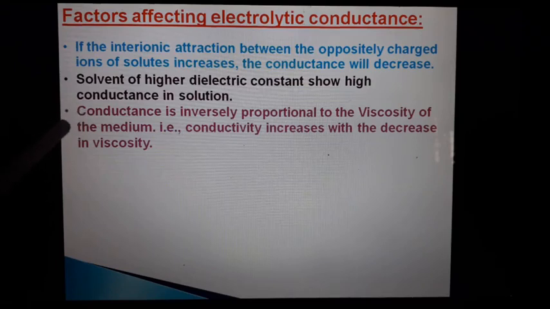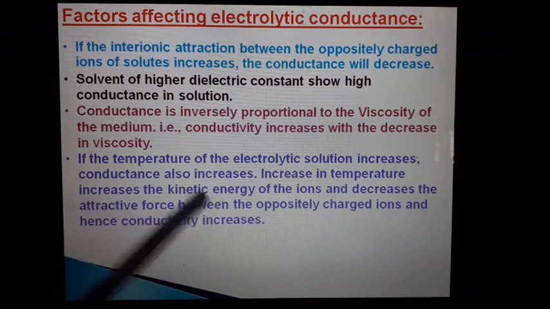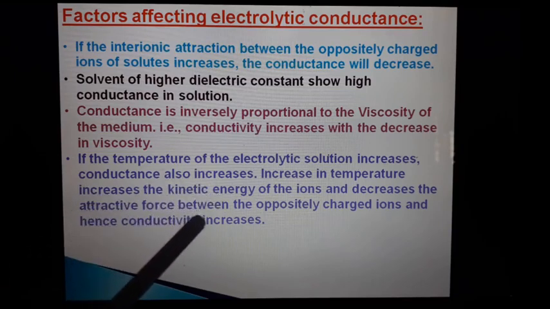Now, next, if the temperature of the electrolytic solution increases, the conductance also increases, because the movement of ions is fast. Increase in temperature increases the kinetic energy of the ions.